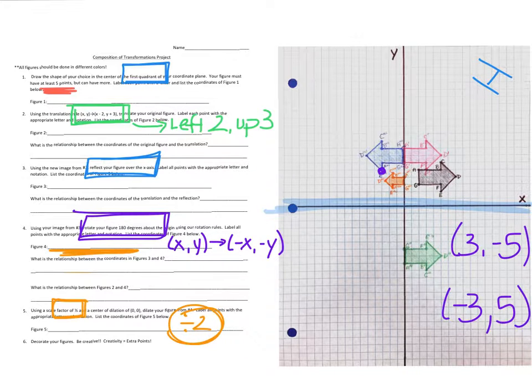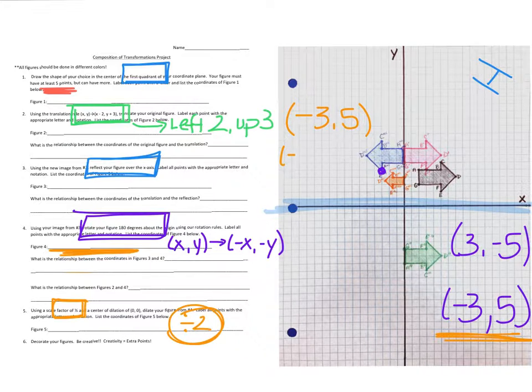Now, again, as we did with the rotations, we can't just look at the coordinate plane and determine what our new points are going to be. You have to actually write out the coordinates first and then put them on the coordinate plane over here. So what I did was I took every coordinate that I had here, divided it by 2, and then I graphed that on the coordinate plane here. So for example, using the same point, -3, 5, if I divide everything by 2, I am going to end up with a decimal, but it's just a 0.5, so that's not a big deal.